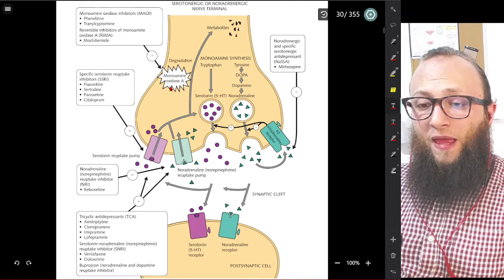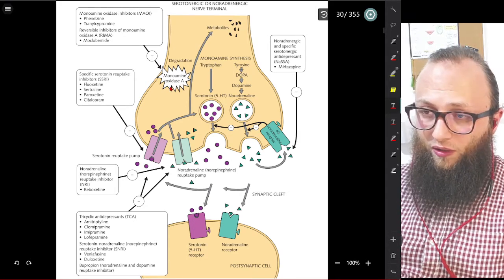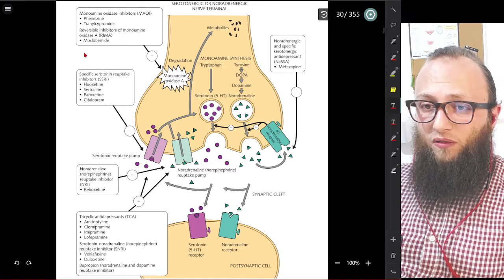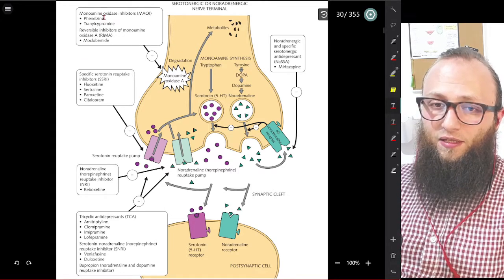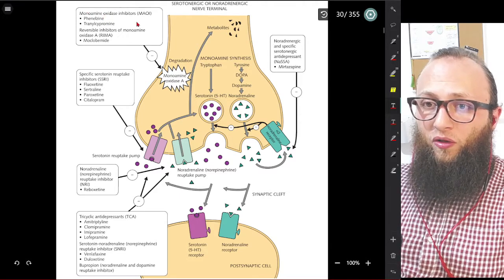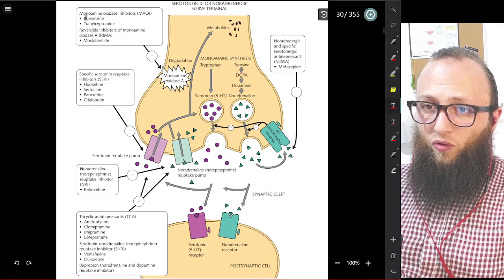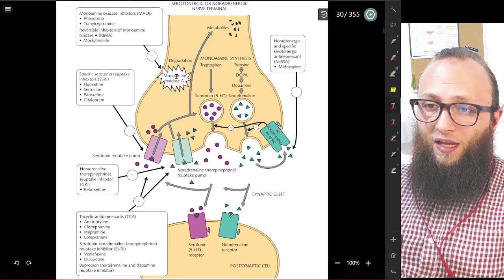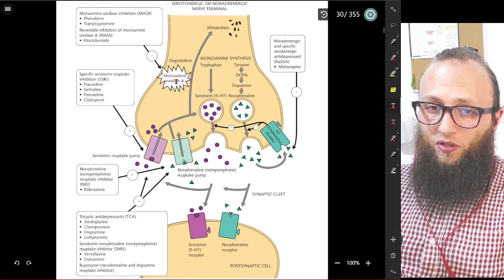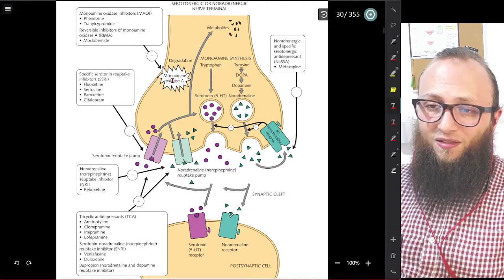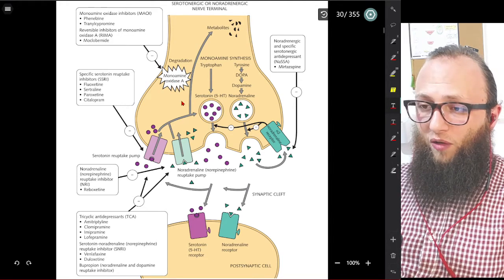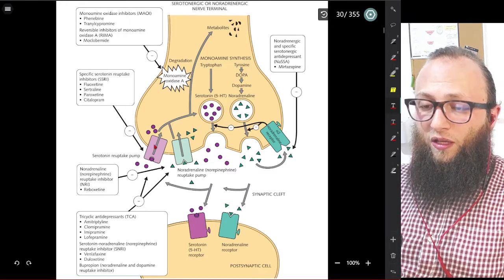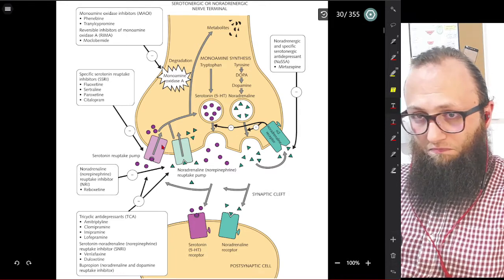So, how do antidepressants work? Let's start with monoamine oxidase inhibitors. It's easy to describe here. From the name you can know that it works by inhibition of this enzyme that would break down monoamines. That's how it works to increase monoamines.